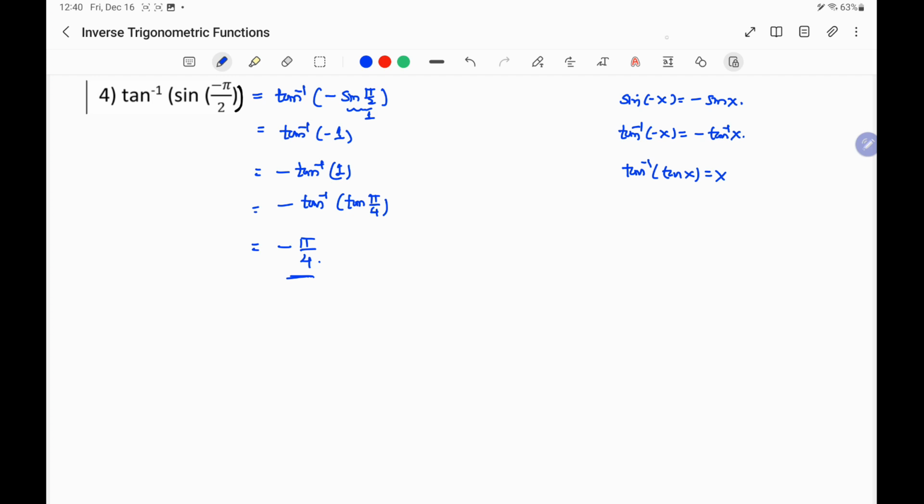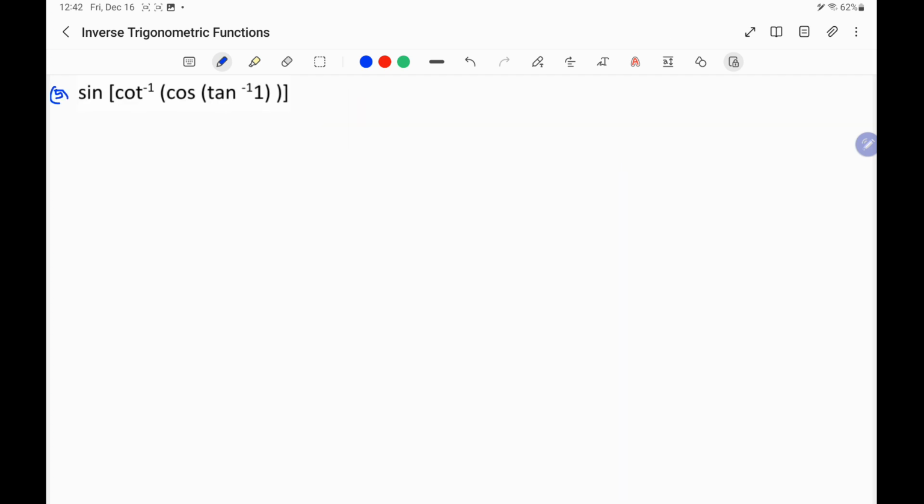Fifth question is to find the principal value of sine of cot inverse of cos of tan inverse 1. Here, this 1 in terms of tan can be written as tan of pi by 4. So we can write that it is sine of cot inverse of cos tan inverse tan pi by 4.